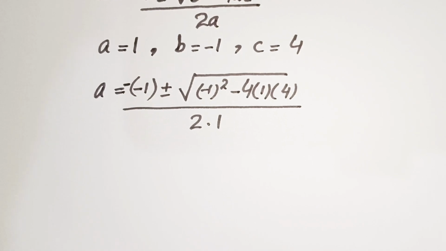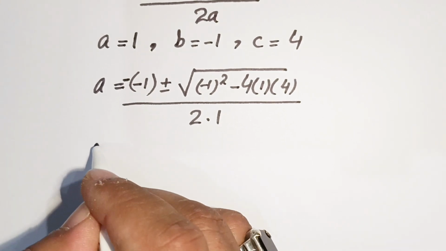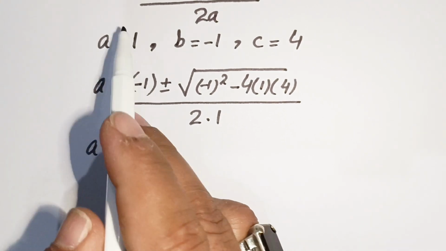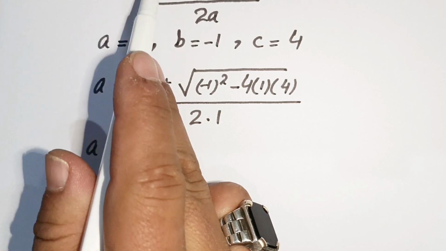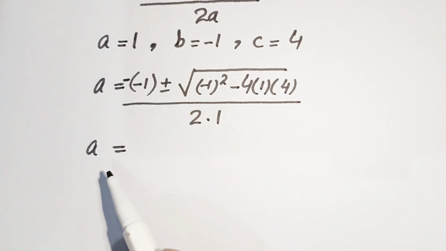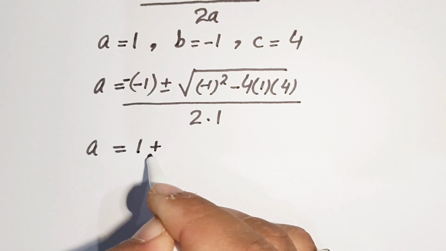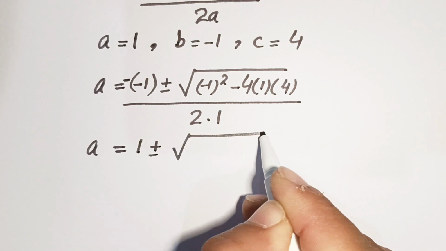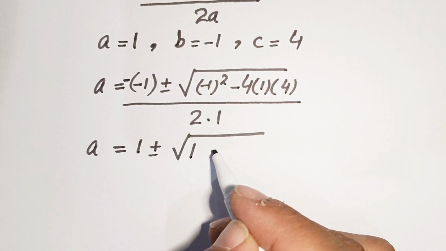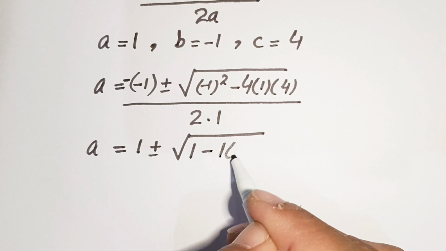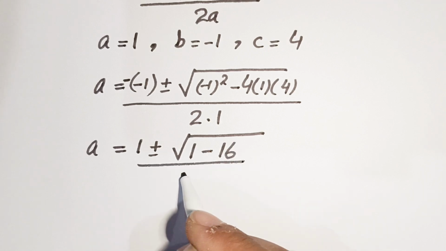So now our next step will be, here this a is actually the a of this equation, so we use this a, minus times minus is plus, so 1 plus minus square root of minus 1 whole squared is equal to 1, and here 4 times 4 is 16 all over 2 times 1 is 2.